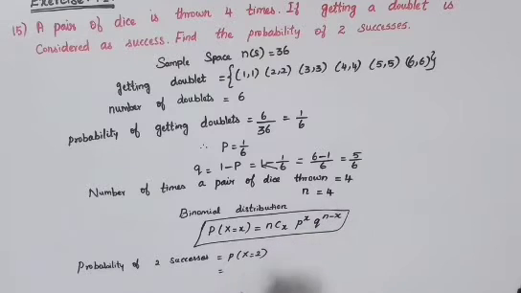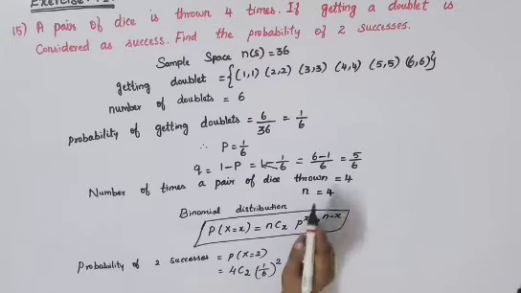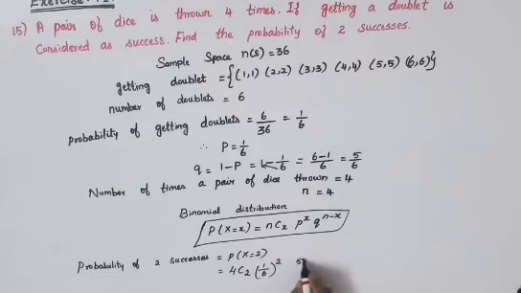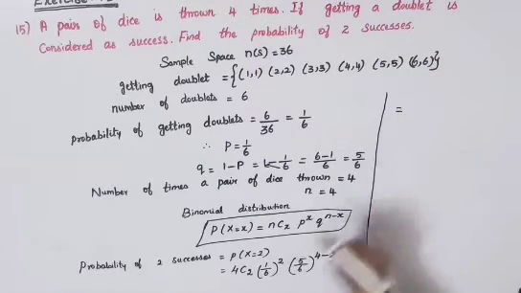So n is 4, so 4C2, x is 2, p power x, so p is 1 by 6, whole power 2, q power n minus x, q is 5 by 6, power n minus x, so n is 4, minus x is 2, which is equal to 4C2.